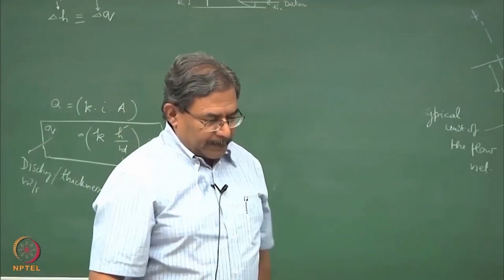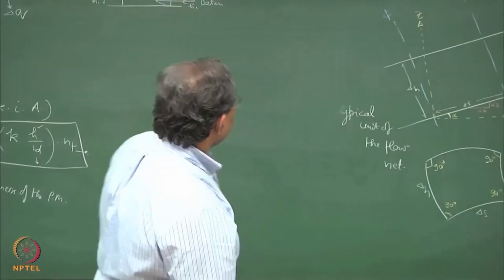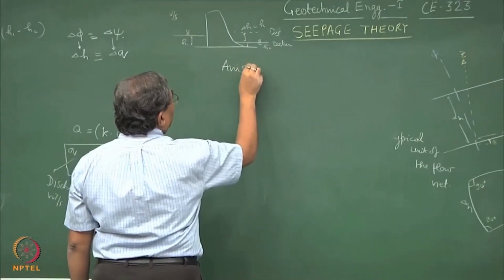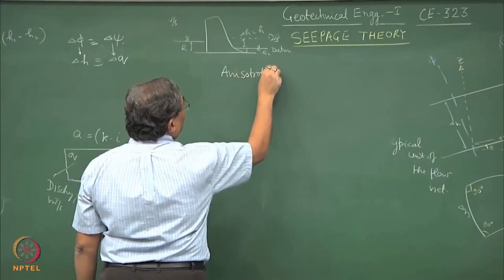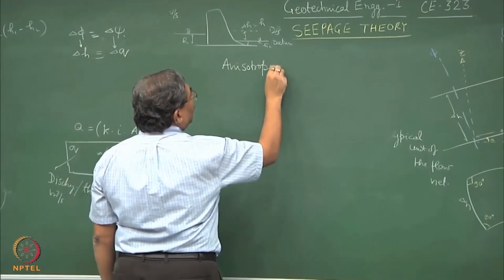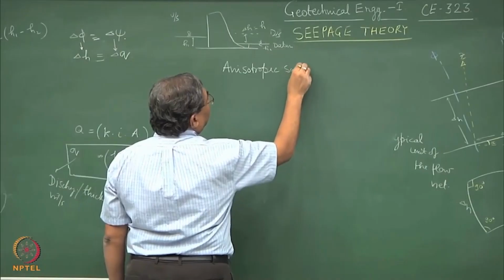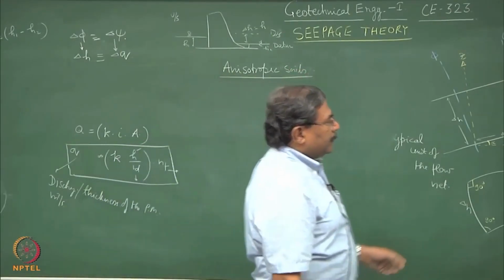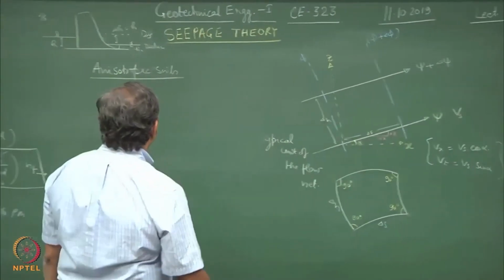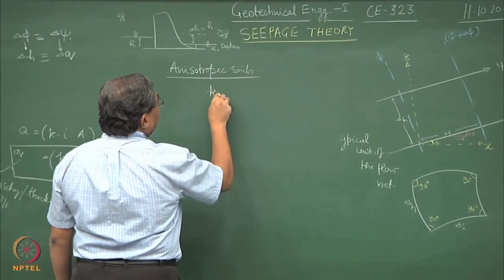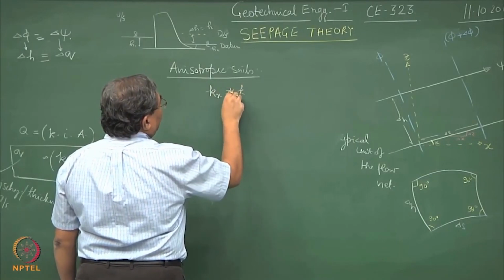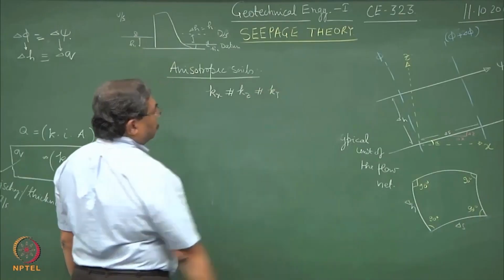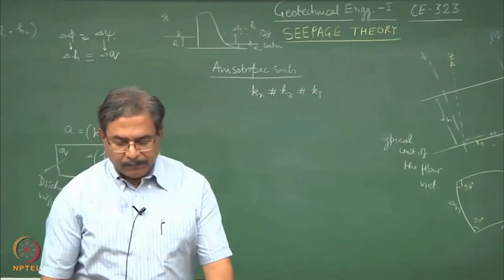Now, if you have anisotropic soils, this was for the isotropic situation, whatever we had done. So, here we are assuming that k x is not equal to k z is not equal to k y, all right.